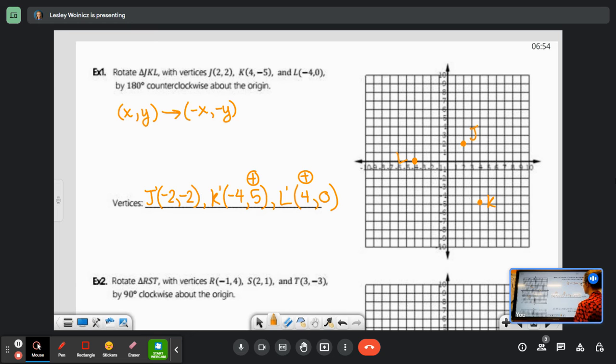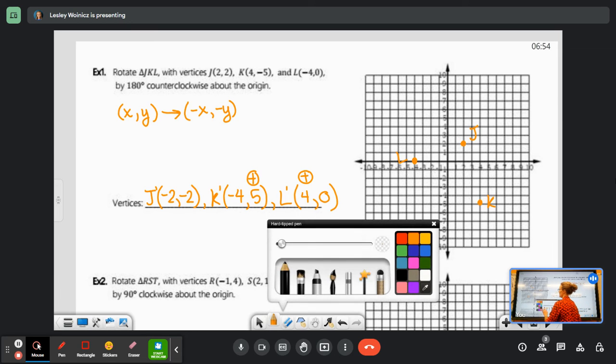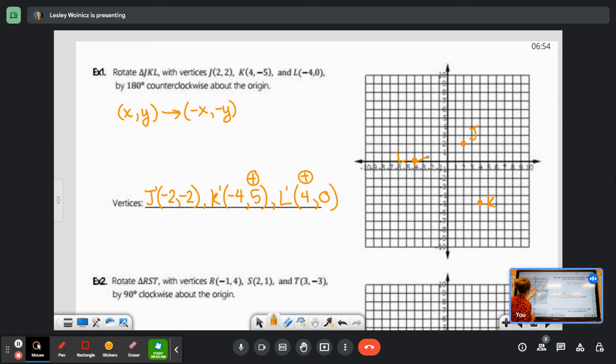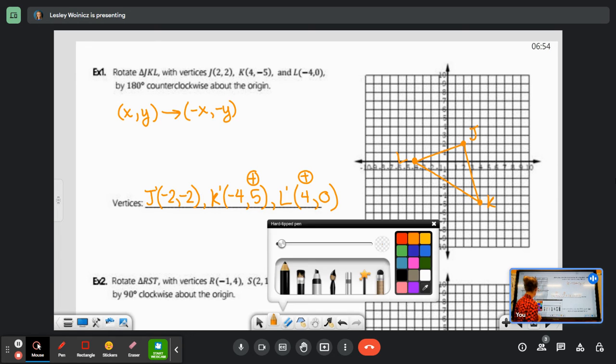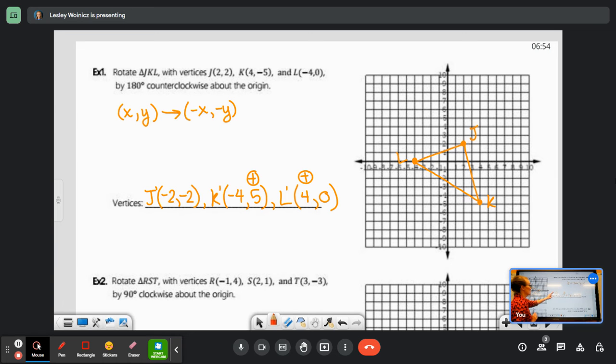Okay, so here we go. I should probably connect my points. All right, let's connect the points. Okay, ooh, I did pretty good. Now we're going to rotate them. So J prime is at negative 2, negative 2. K prime is at negative 4, positive 5.